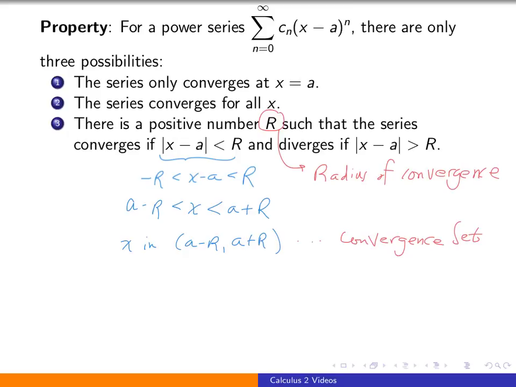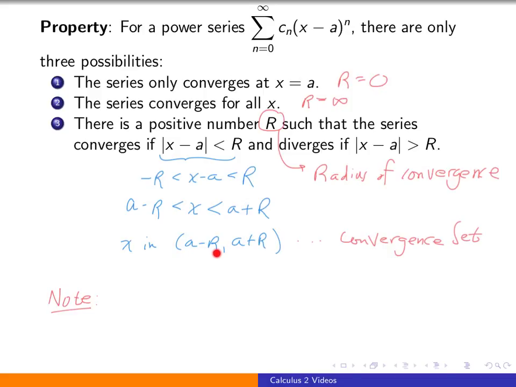If the series only converges at x equals a, we would say the radius of convergence is 0. And if the series converges for all possible values of x, we would say the radius of convergence is infinity. Furthermore, one important observation that we need to make. When we come up with this convergence set, which we are going to use the ratio test to determine, this is where we are guaranteed that we have convergence, but there are 2 points in particular that we need to check.